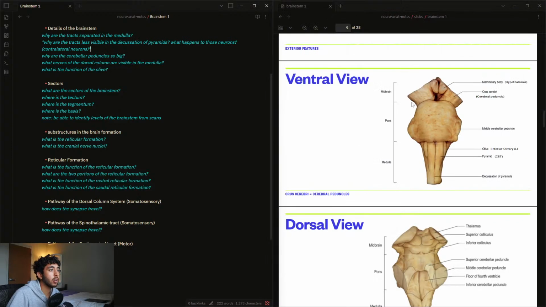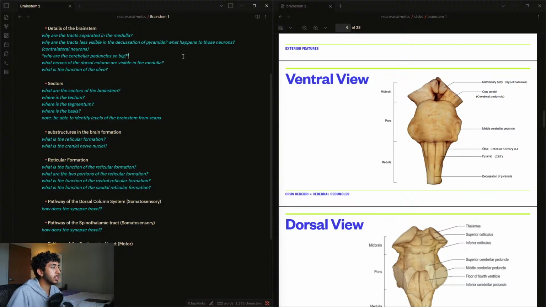Not everything has to have a complex explanation. They're separated so they're better organized from their respective areas. Not too bad. So the pyramid and olives have clear separation, I'm seeing, and that obviously goes away at the decussation of the pyramid. Crus cerebri, I don't know what that is. Oh, that's the cerebral peduncle.